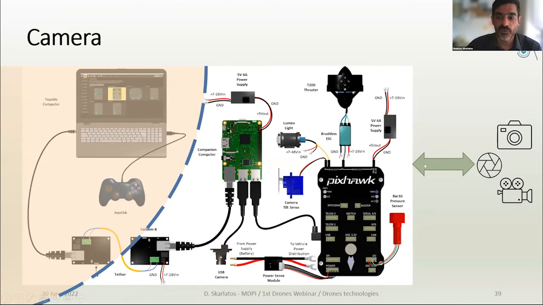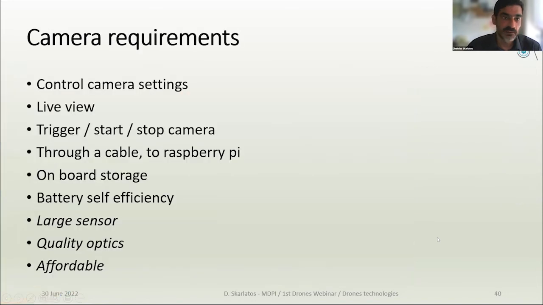So both in terms of controlling the camera as well as receiving the live view on the Pixhawk and then transmitting to the Raspberry Pi and then transmitting that to the Surface laptop or laptops. So the camera requirements: we need a camera that can be controlled remotely, so you can change settings and you can have the live feedback from the camera.